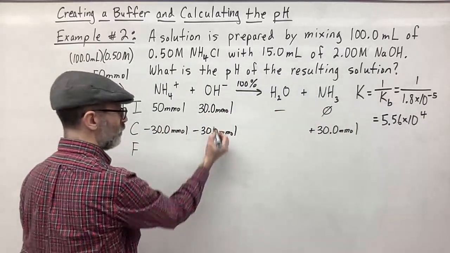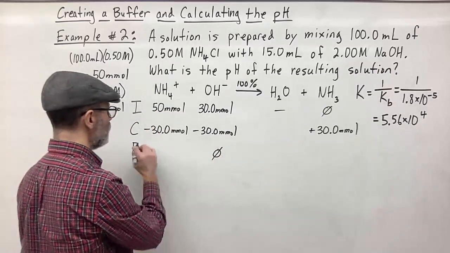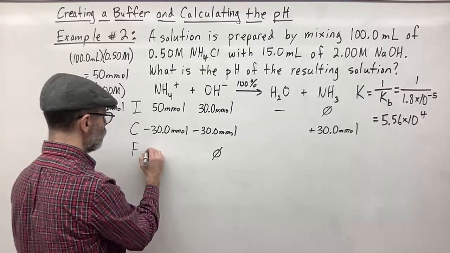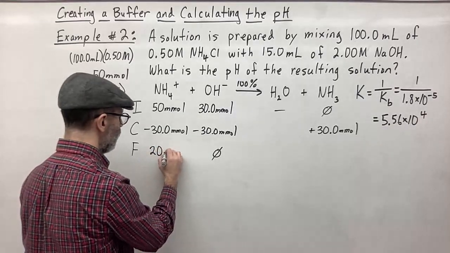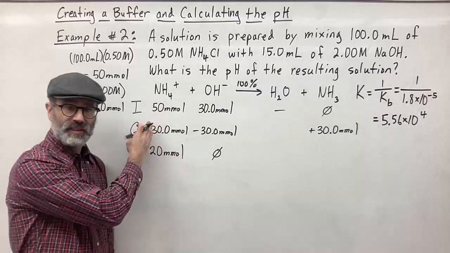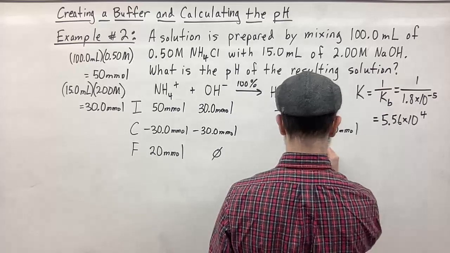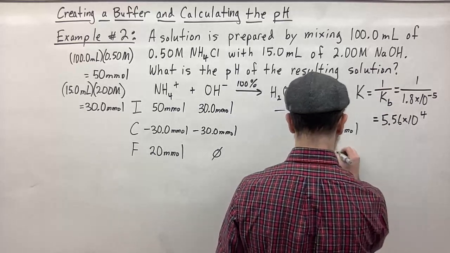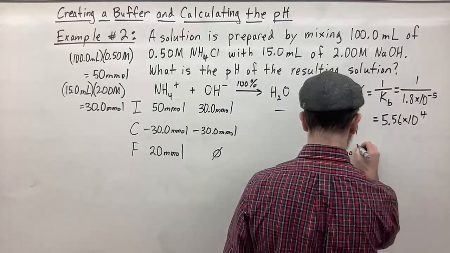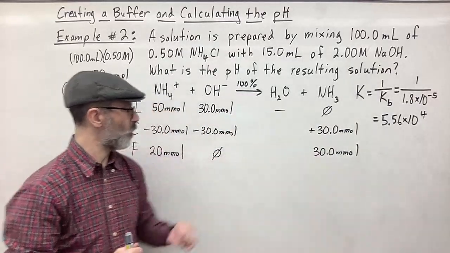So obviously this is going to go to 0. So we don't have any hydroxide left. We're going to subtract 30 here. So we're going to end up with 20 millimoles of our acid. And then we're going to end up here with 30 millimoles of our conjugate base, which is the ammonia.